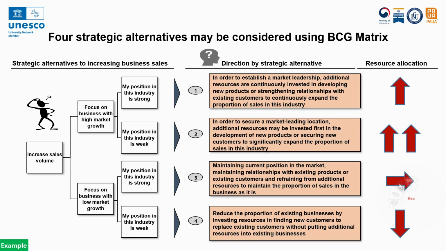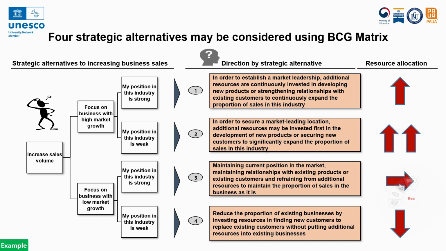What is such a case? You also have to consider your position in that industry. So even though the market growth rate is low, if your position in that industry is strong, you may increase your resource allocations on these areas.